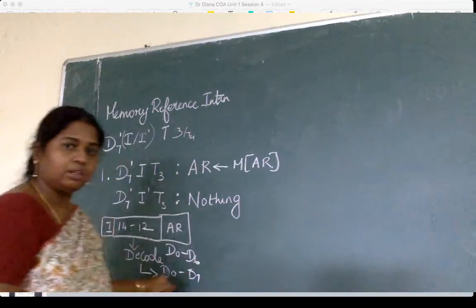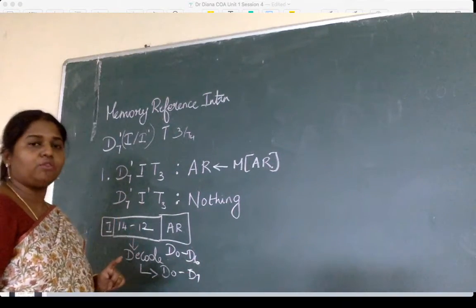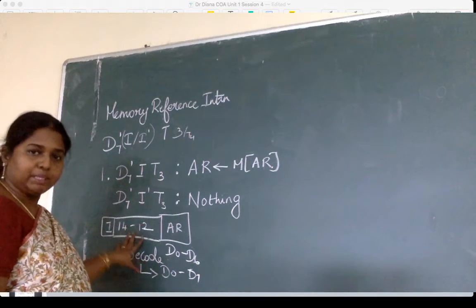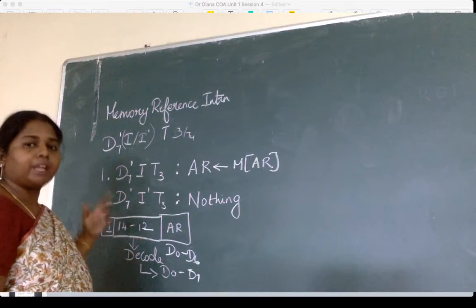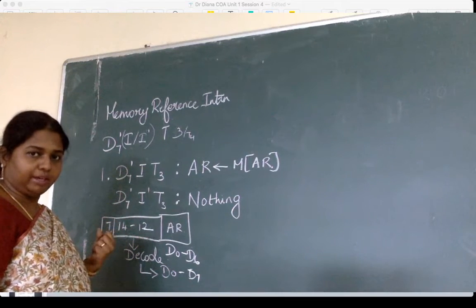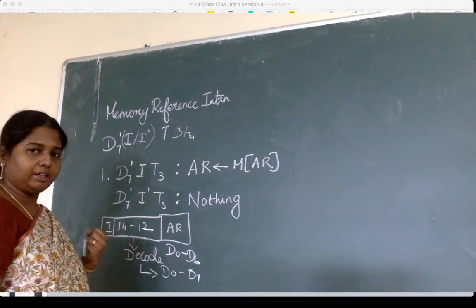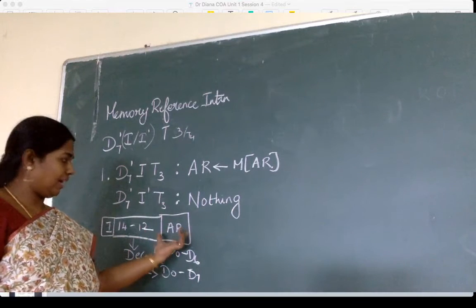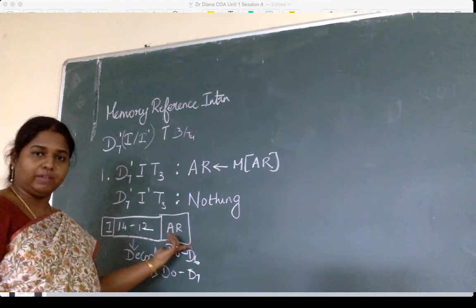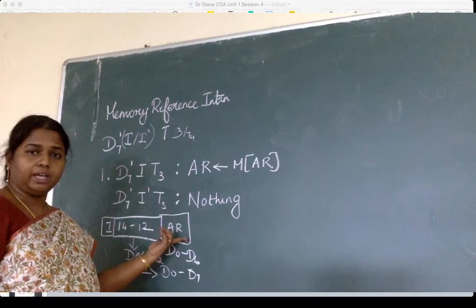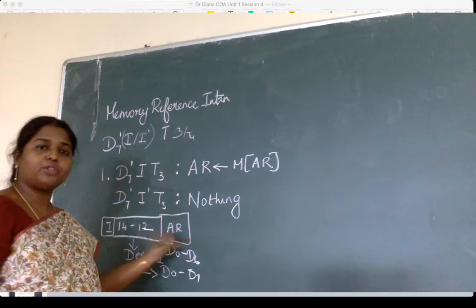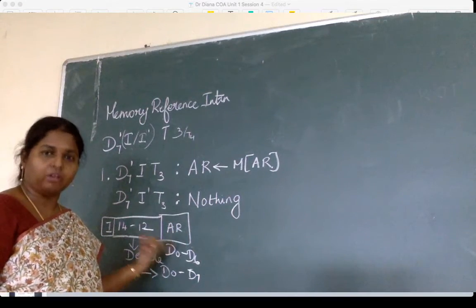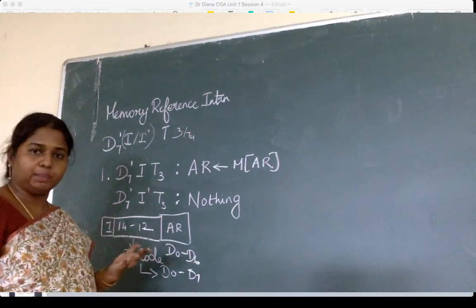Then we understood I can have 7 different types of memory reference instructions because I've got 3 bits in the instruction register that indicate what operation can be done using the memory access. Any memory reference instruction will have the address in bits 0 to 11. When the address is available here, one of the operands is available in memory. This has to be brought either into the accumulator or into the data register for further processing.